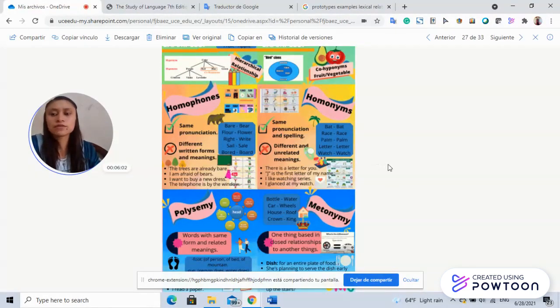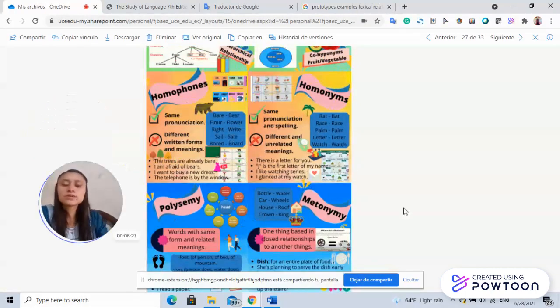Palm of our hand and palm of a type of tree, watch and watch. We have more examples. There is a letter for you, or J is the first letter of my name. I like watching series. I glanced at my watch. In this case, the words have different meanings.